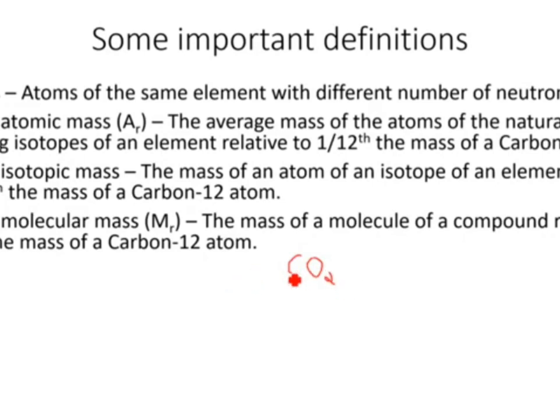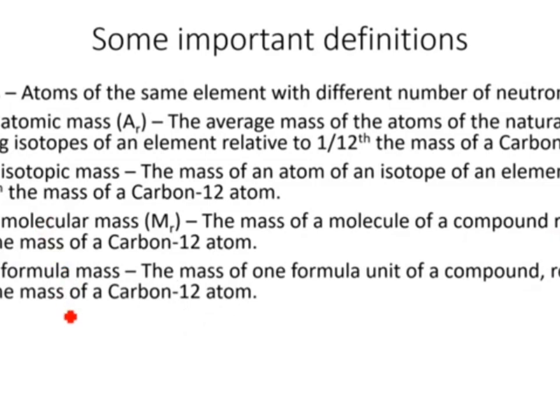So the relative molecular mass will be the sum of the relative atomic masses of all these atoms. So it will be the relative atomic mass of carbon plus twice the relative atomic mass of oxygen, because there are two oxygen atoms. So that will be the relative molecular mass. And again, you see the phrase relative to 1 by 12th the mass of a carbon 12 atom. You cannot miss out on this.